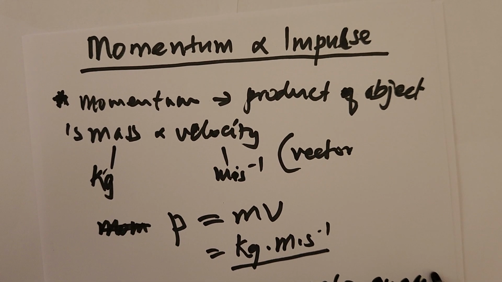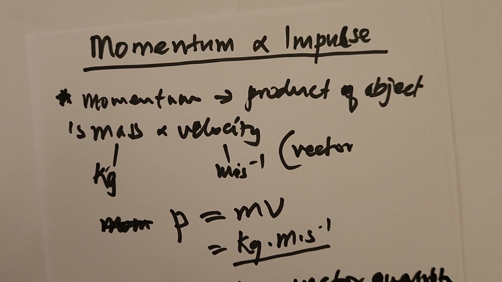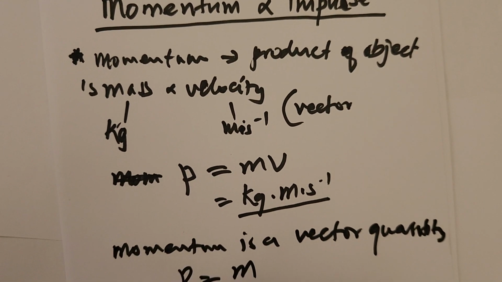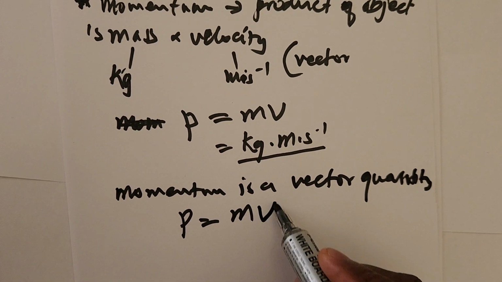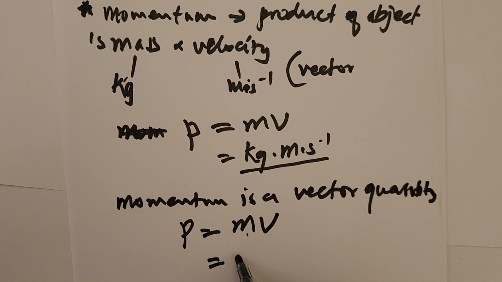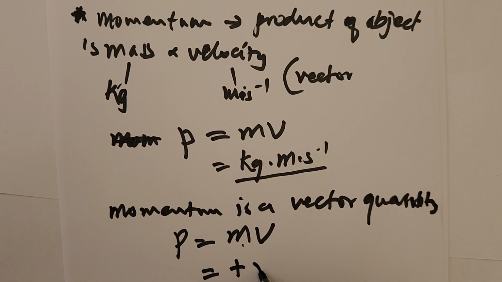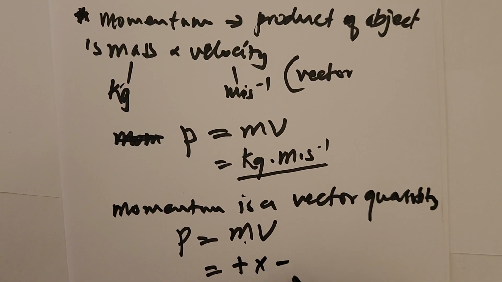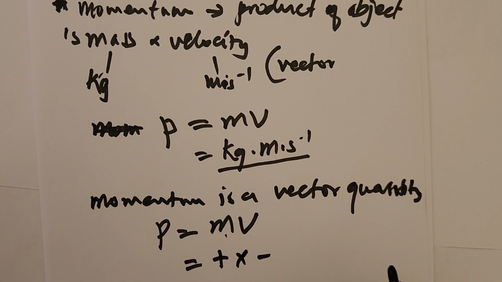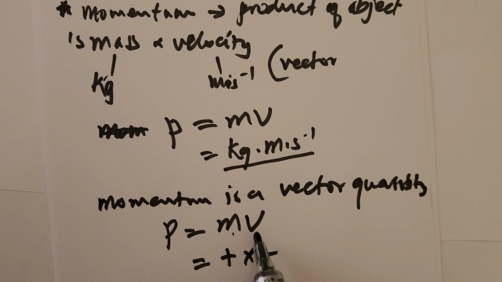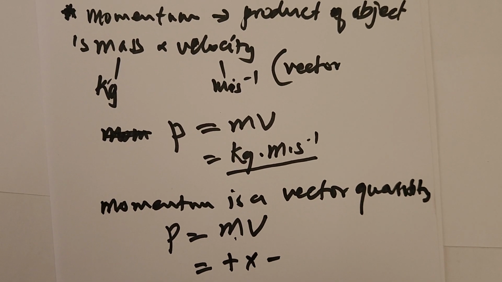What makes it a vector quantity is that, from P equals mv, mass is a scalar, always positive, and v can be positive or negative because it is a vector. Remember, a negative vector is a vector in the opposite direction. Therefore, the product of this scalar and vector gives us a vector.